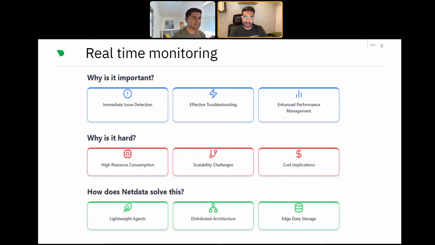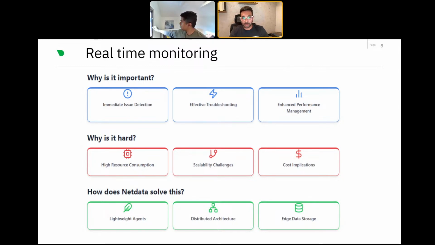The second is, I think, the most important aspect, which is the distributed architecture. How and why we are able to achieve this is because we don't do any computing on our cloud. So even if we have a cloud SaaS offering, all the computing overhead is at the edge. So it's being done on the customers' or the users' infrastructure.